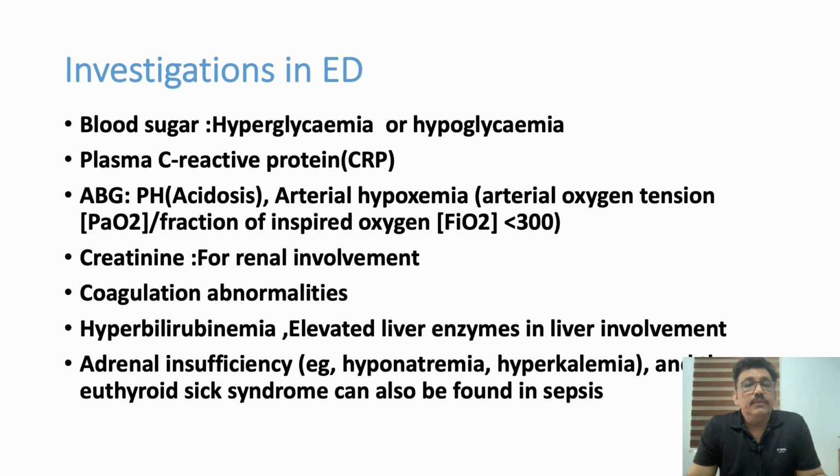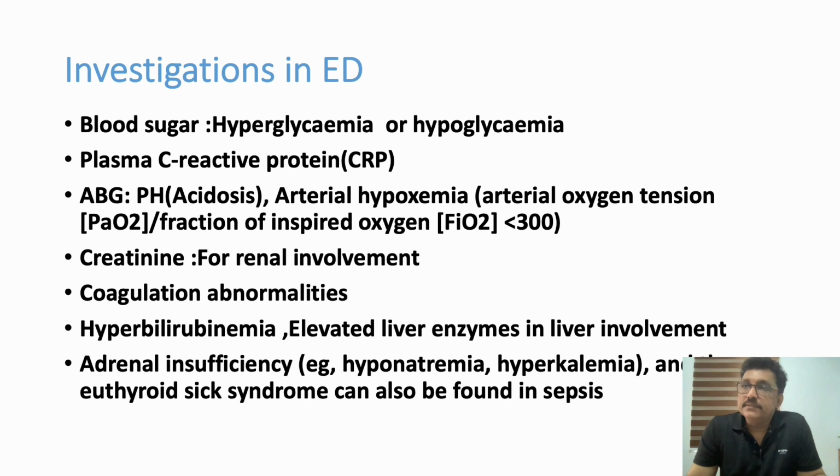It tells us the pH, PCO2, PO2, and lactate, and many newer ABG machines can pick up electrolytes and creatinine also. So that will give a very good insight into the patient's electrolyte imbalance. In many patients with infections, especially urinary tract infection and pyelonephritis, creatinine is elevated.